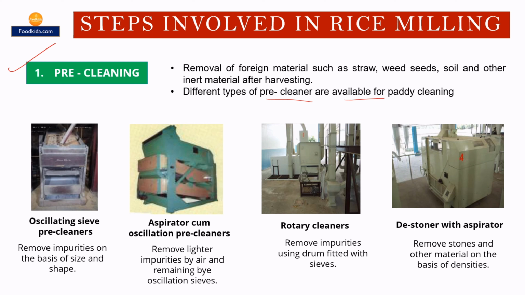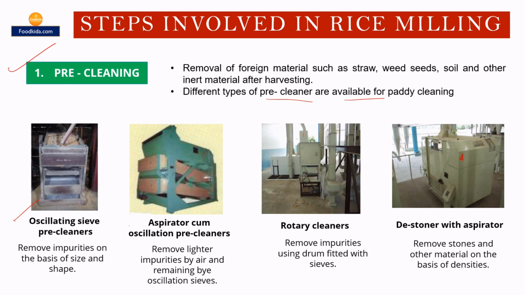The first one is oscillating sieve pre-cleaners. This type of cleaner consists of two oscillating sieves of different sizes, which remove the impurities on the basis of size and shape. Second one is aspirator cum oscillation pre-cleaners.